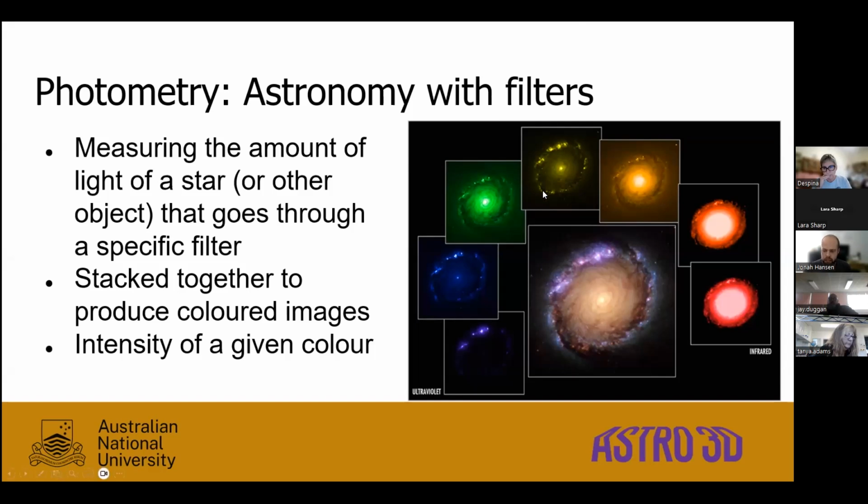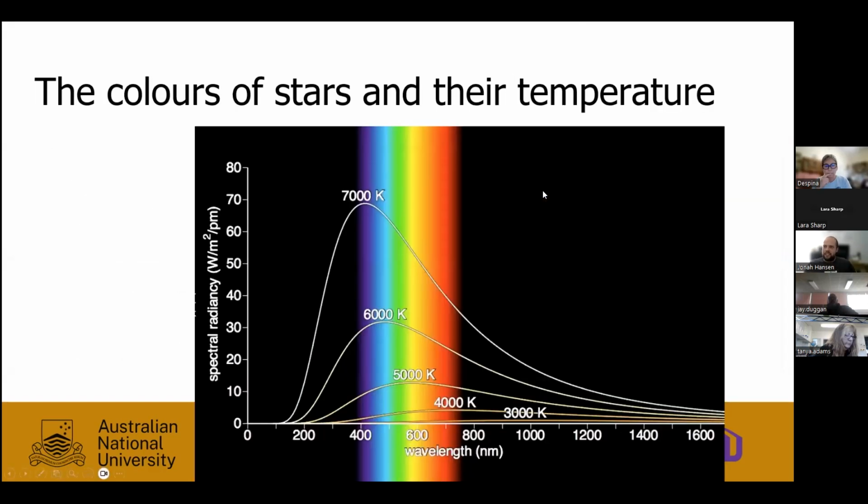Now, the first thing that photometry is good for is particularly looking at the colors of stars. So what I've got here is basically a plot of the intensity of a star against wavelength. And when I talk about wavelength, you can basically think of that as the color of light.